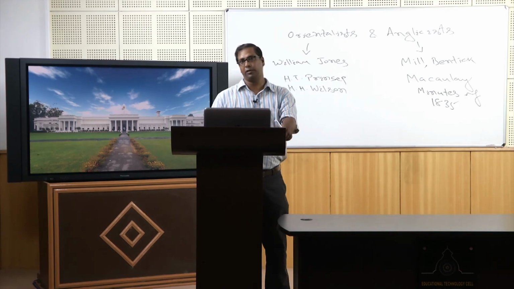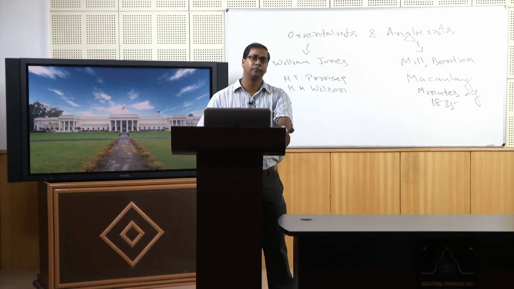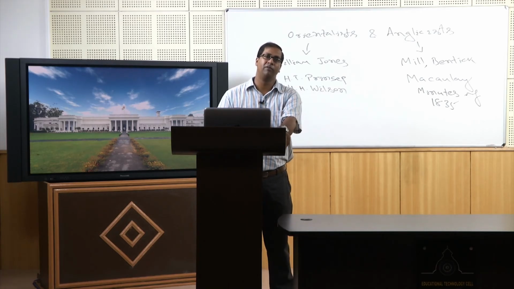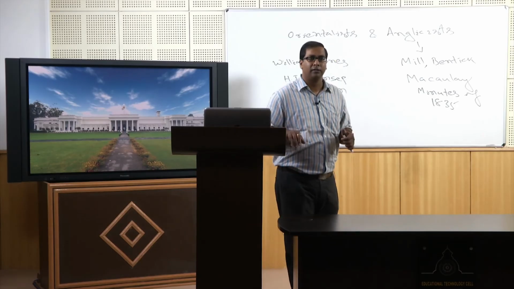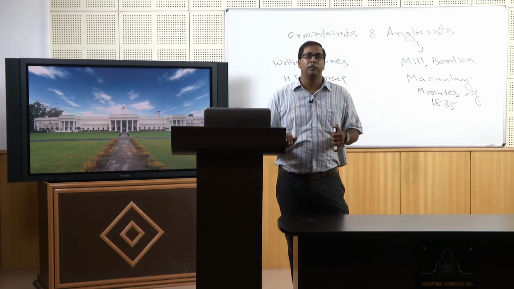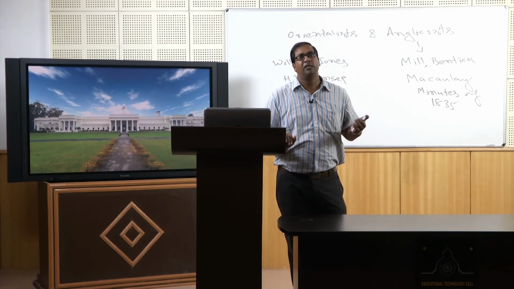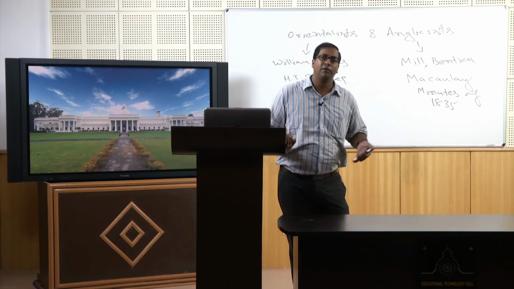One of the reasons why railways was introduced in India was the cotton famine of 1846 in the US. The British manufacturers sitting in Lancashire, Manchester, Liverpool, Dundee did not get sufficient raw material from the US in the form of cotton.